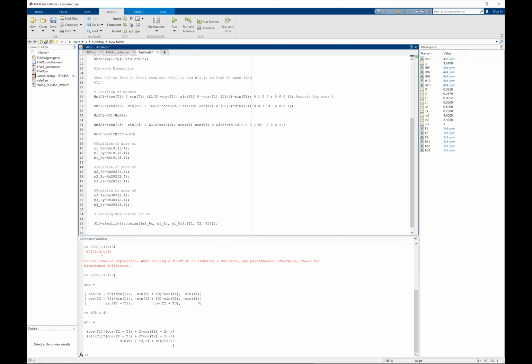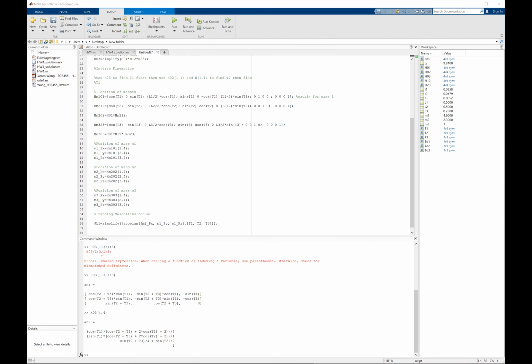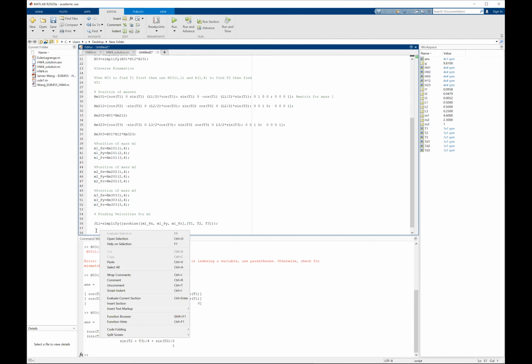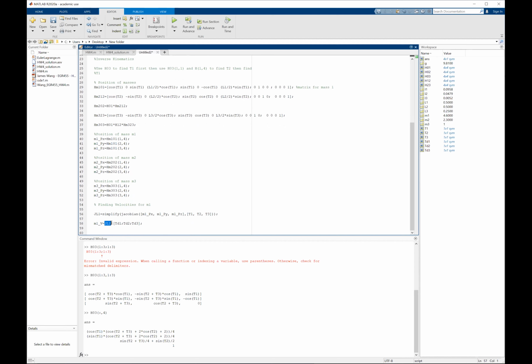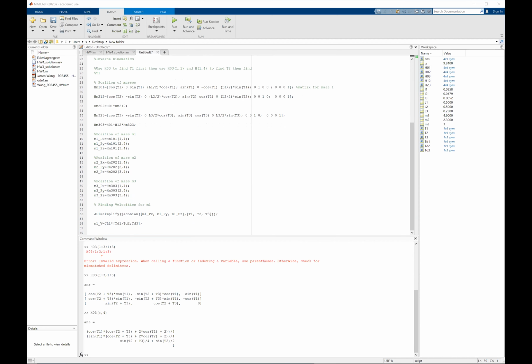So the overall velocities of m1 are nothing but the Jacobian multiplied by the angular velocities. And boom, now you have the velocities of mass M1.